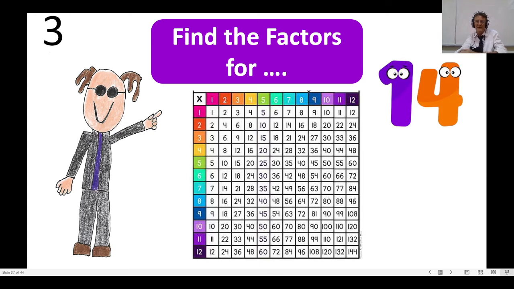Okay, number 14. Please find the factors for 14. You need to use your multiplication tables and look for all the number 14s. Please pause the video and then click play when you have finished.